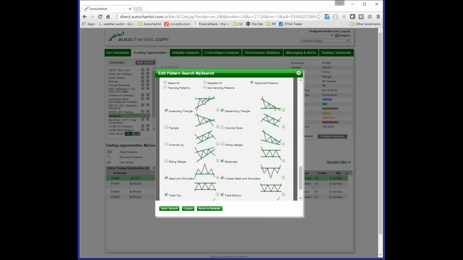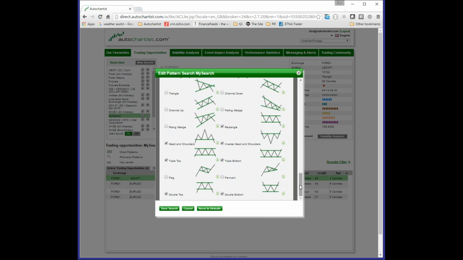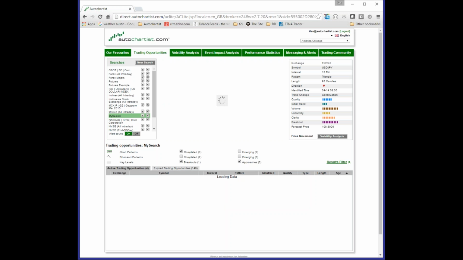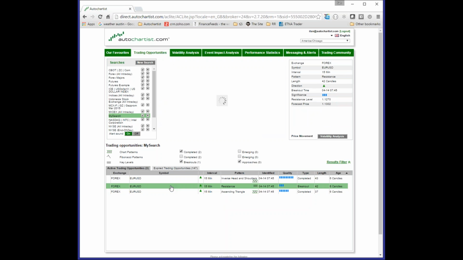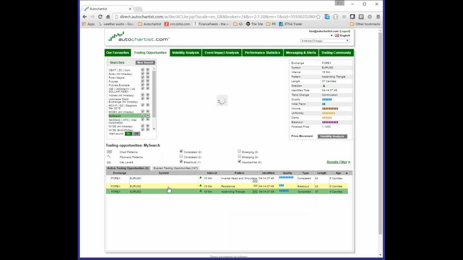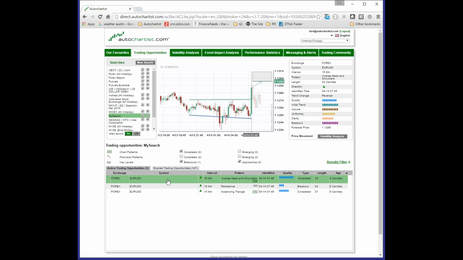Horizontal patterns are the ones with horizontal lines: the ascending and descending triangles, the rectangles, inverse head and shoulders, triple tops, triple bottoms, double tops, double bottoms, because I found that those have the best statistics. I filter things out with that as well, and that reduces the number of opportunities even more for me. So right now, all the USD JPY opportunities have disappeared. But if you're looking at reducing the amount of opportunities, that's the way to do it.